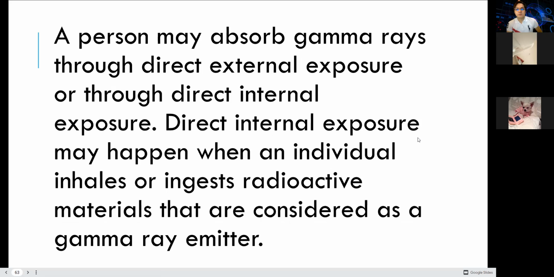A person may absorb gamma rays through direct external exposure or direct internal exposure. Direct internal exposure may happen when an individual inhales or ingests radioactive materials that are considered as gamma ray emitters. Okay. If we ingest a gamma ray emitter, that's internal.